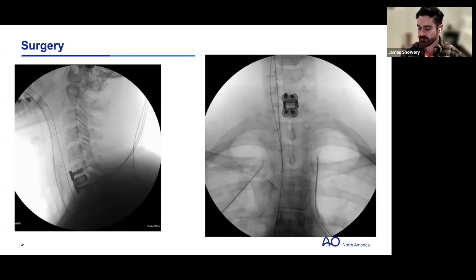Sometimes we mentioned halo as an option, in a situation where they have significant upper cervical instability, or otherwise it might be a good temporizing option as well. In addition to traction, usually traction is good on the spine unit, but it depends on the type of injury. In some situations, maybe a halo would be another, more stabilizing tool than the cervical collar.